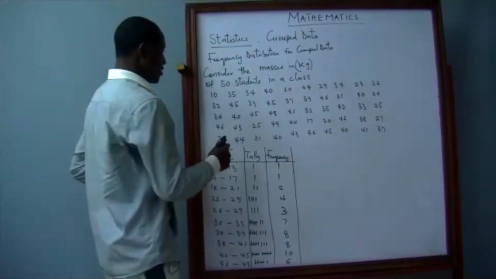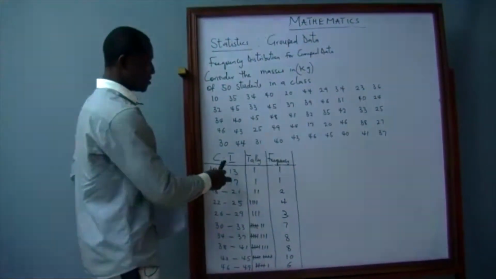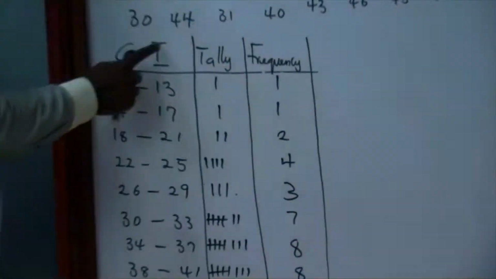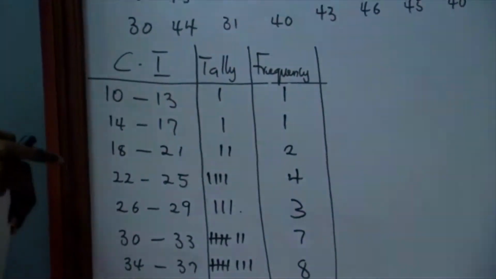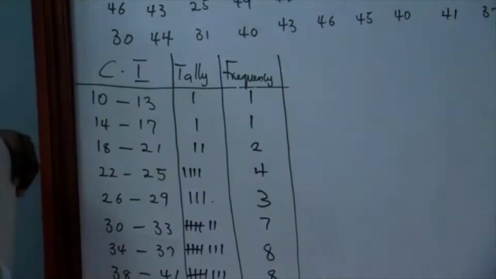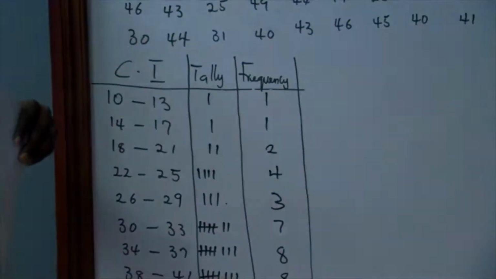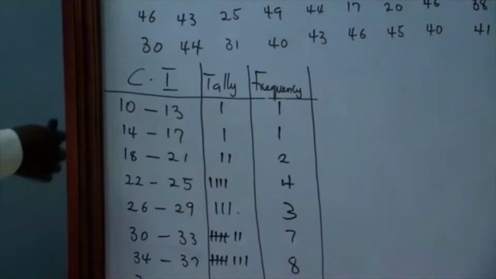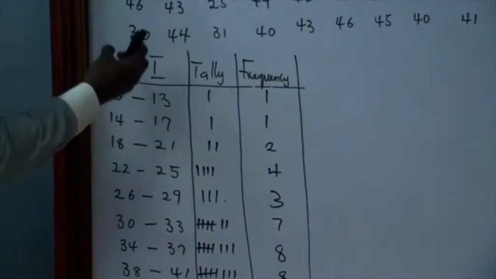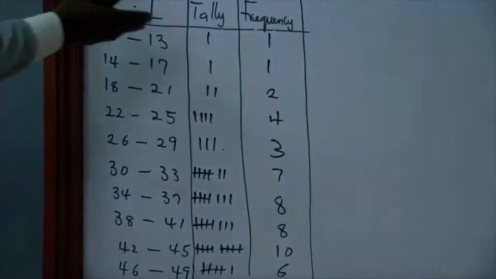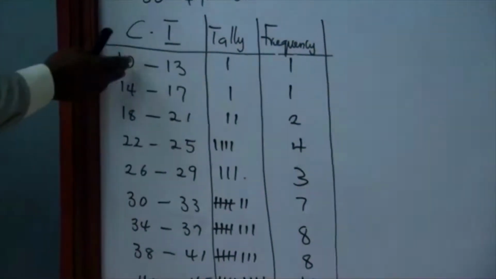Alright. Now we have the data classified into classes. I call this CI, class interval. Since we have already obtained 4 as the class interval, or the width of the class, we have 10, 11, 12, 13. That's 4. So in this class, the class interval is 4.